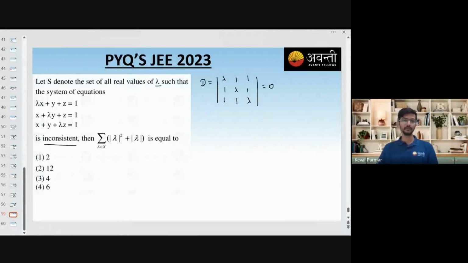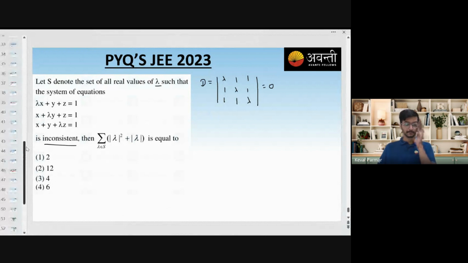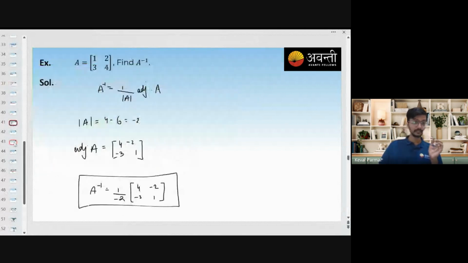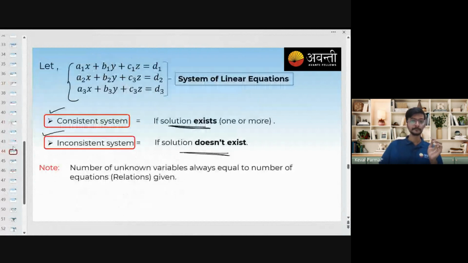I hope you know how to find the value, guys. Are we missing something? What is meant by inconsistent system? We did it here, right? I'm just remembering it.